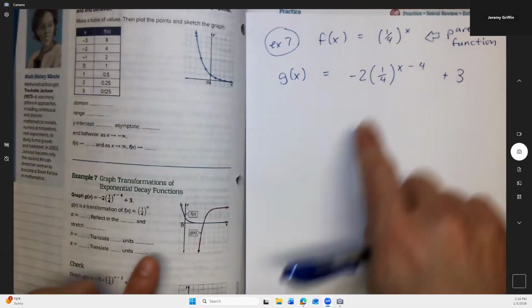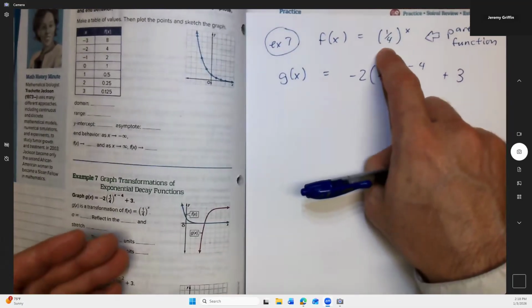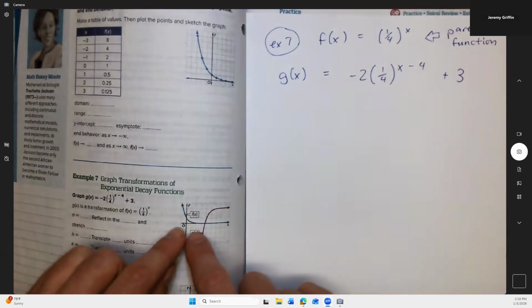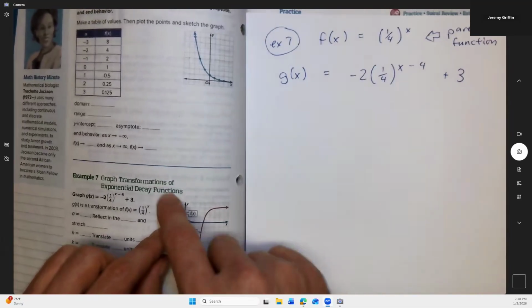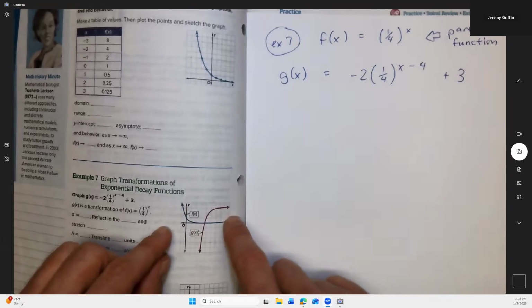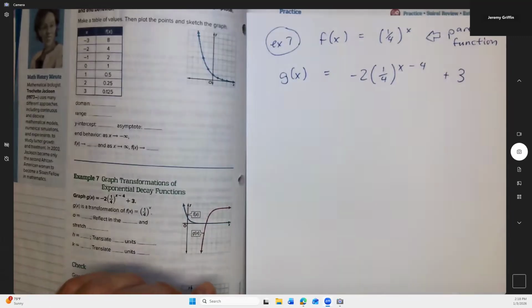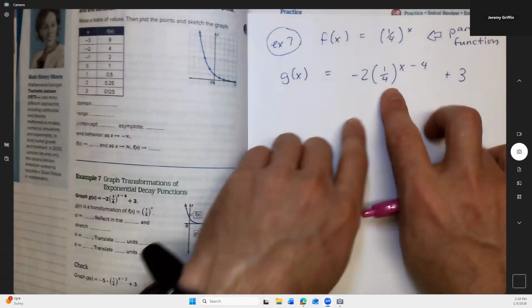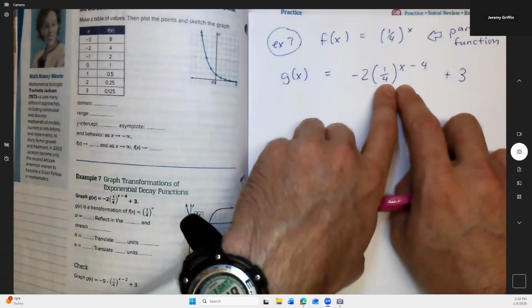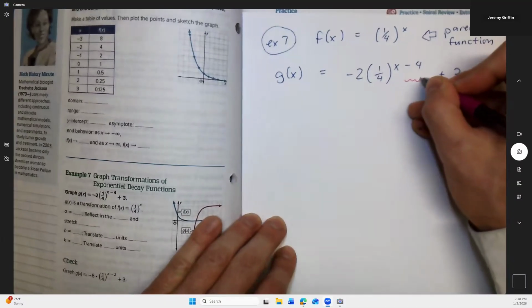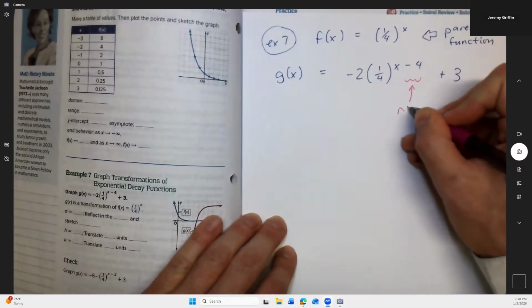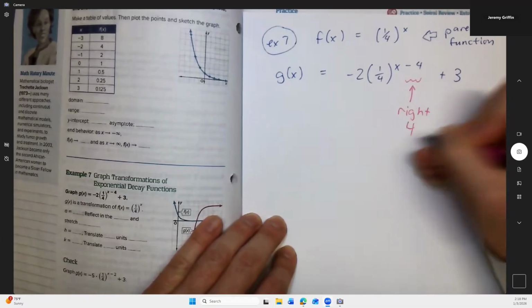Notice that 1/4, of course, is between 0 and 1. So you keep multiplying by a quarter, you get smaller and smaller, and it asymptotically approaches 0. Hence this blue curve right here. Now, starting from that parent function, it's got the 1/4 base and a power of x. I see some shifts. This -4 means go to the right 4.